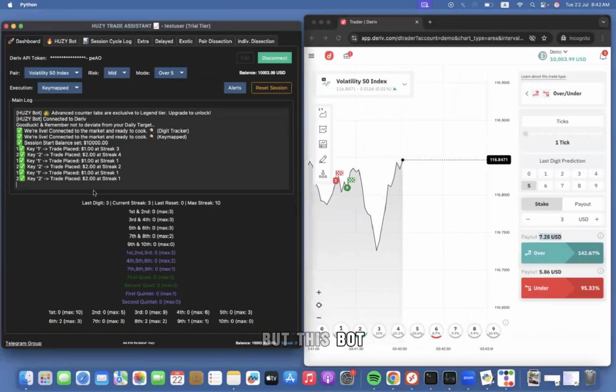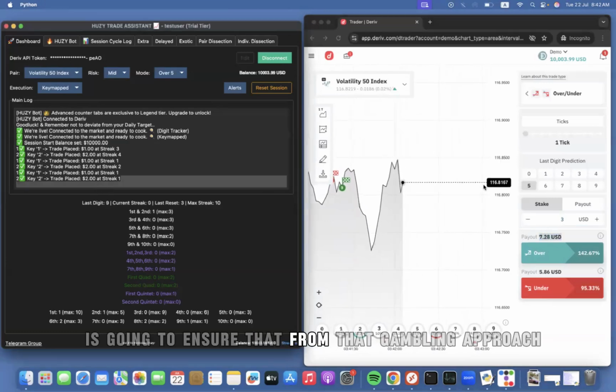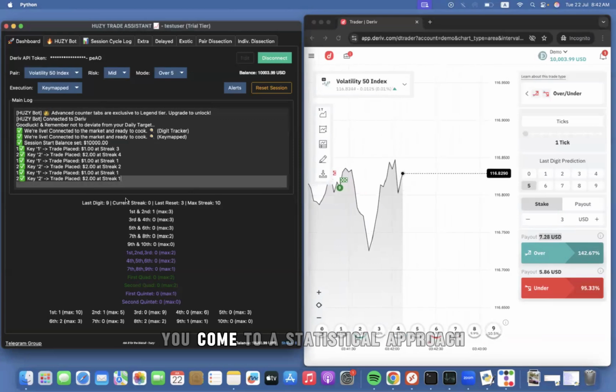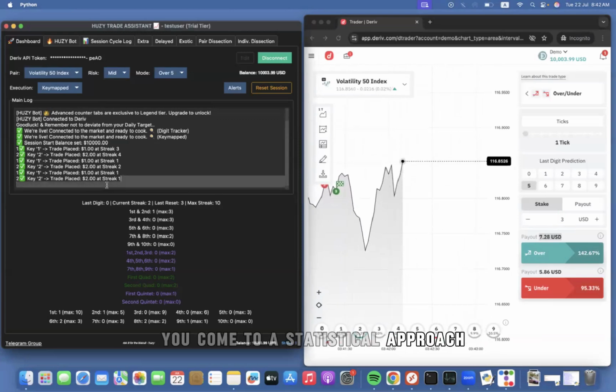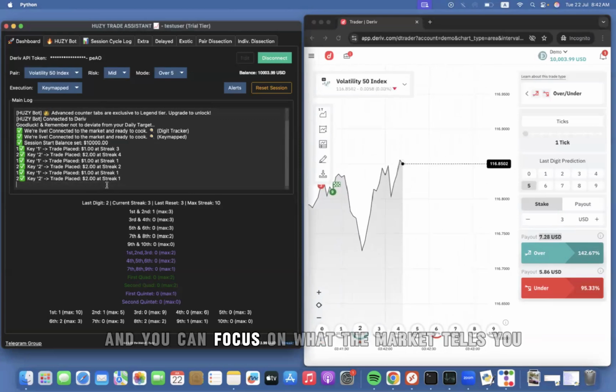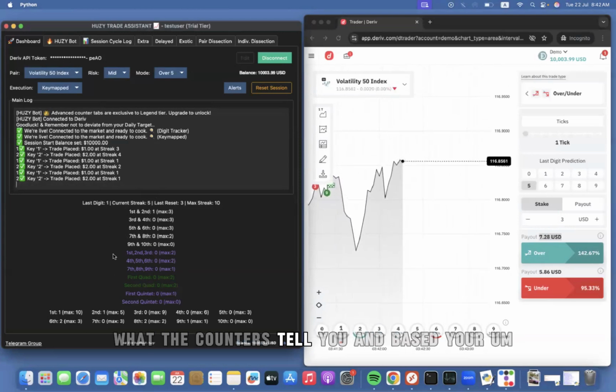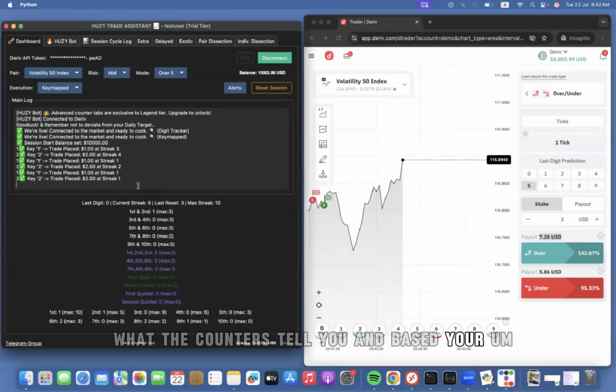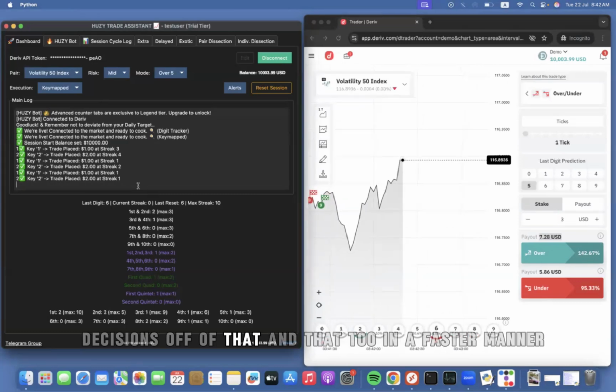But this bot is going to ensure that from that gambling approach, you come to a statistical approach, and you can focus on what the market tells you, what the counters tell you, and base your decisions off of that. And that too in a faster manner.